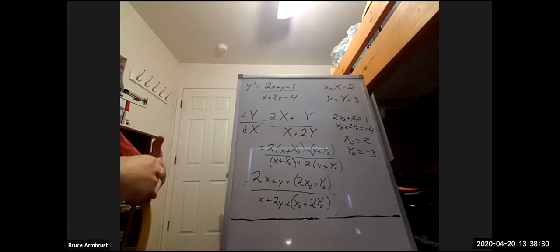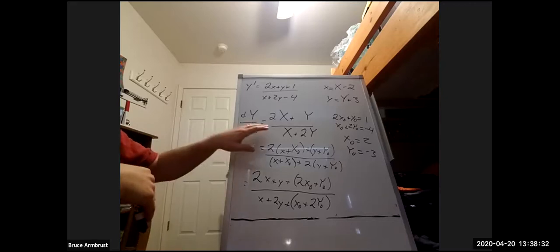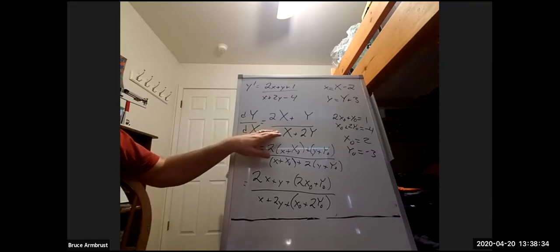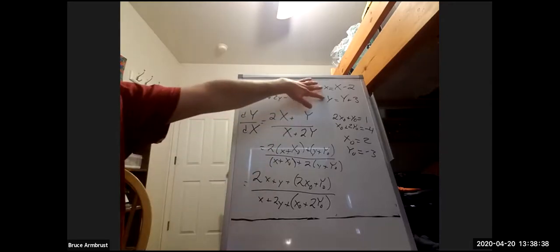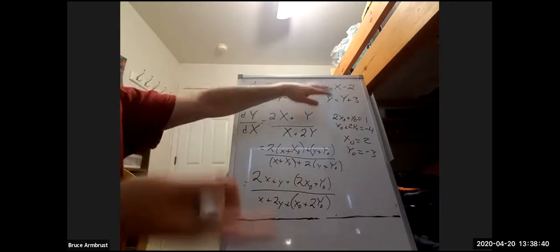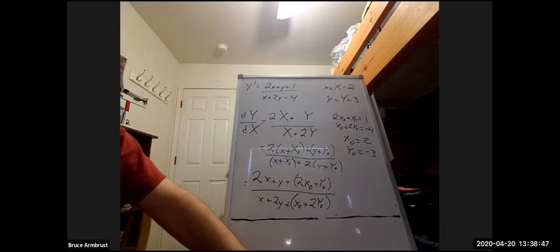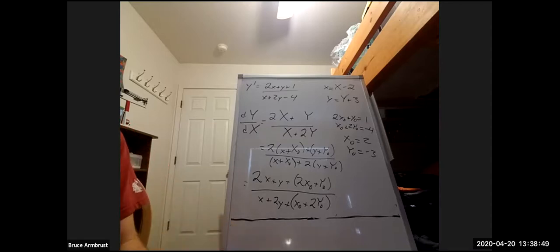And when we do that substitution, we get this form right here. I wanted to make sure that we have that substitution up here because we're going to need it when we go back. But how are we doing so far?